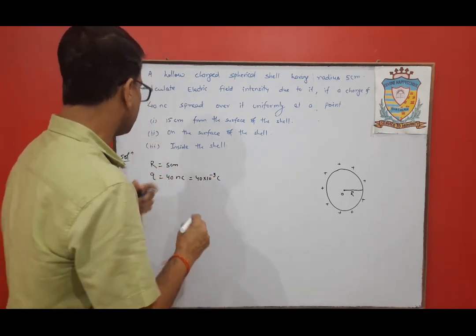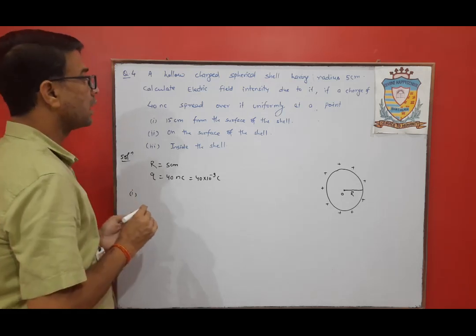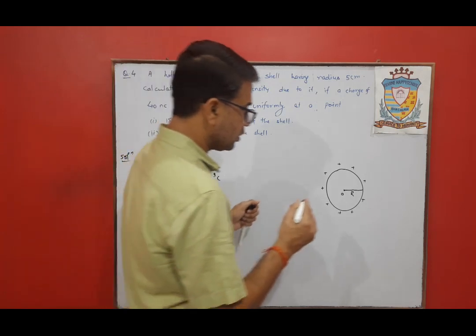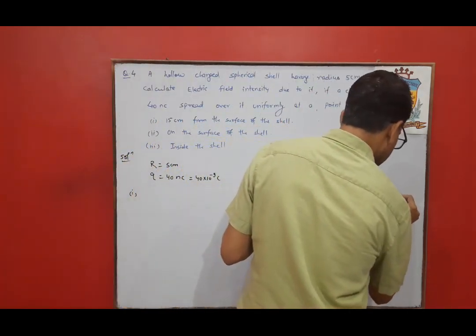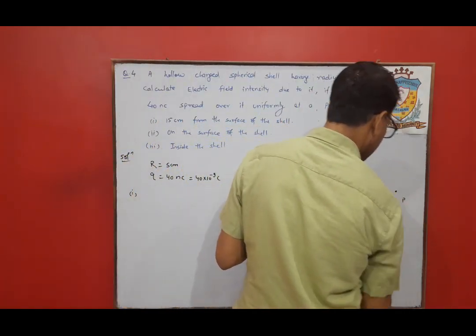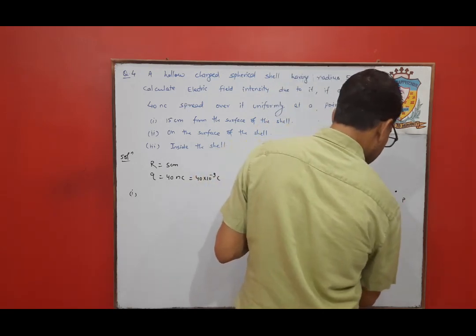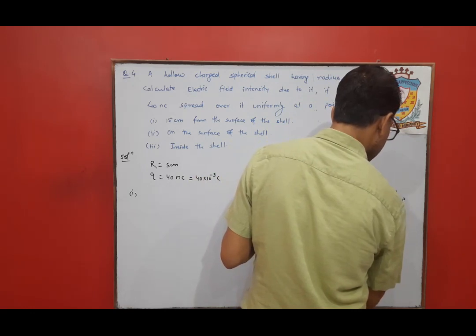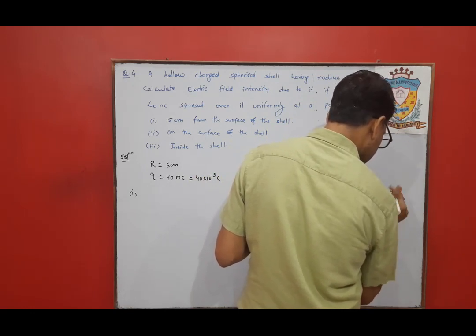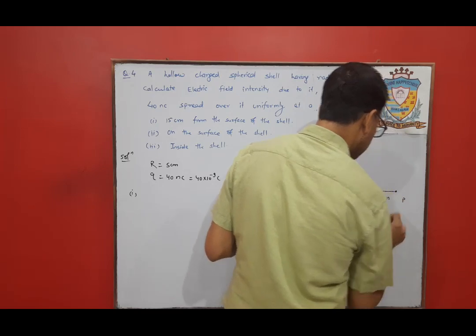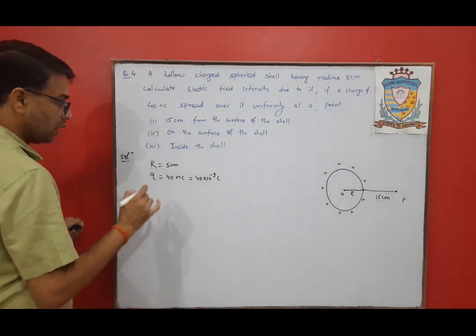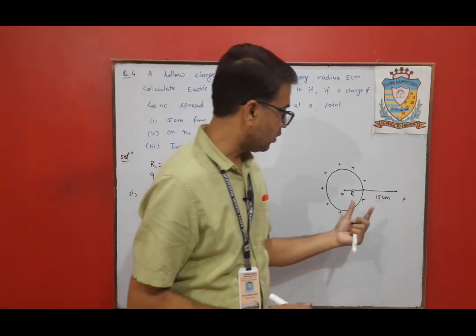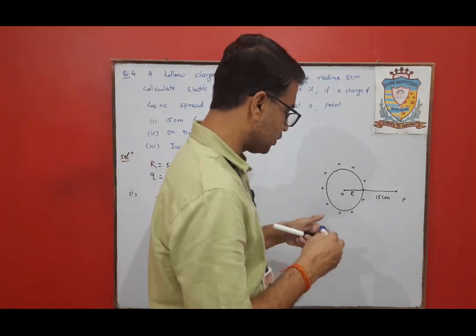So first what we have to calculate is the field 15 centimeter from the surface of the cell. So suppose here is a point P which is at a distance of 15 centimeter from the surface of the cell. So in that case, small r means the Gaussian radius of the Gaussian surface.